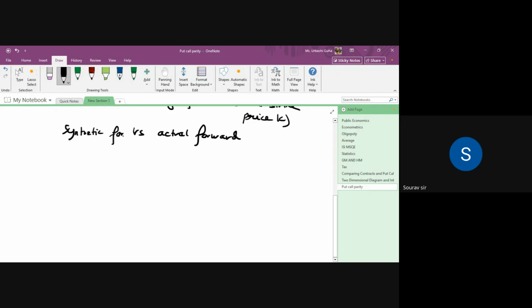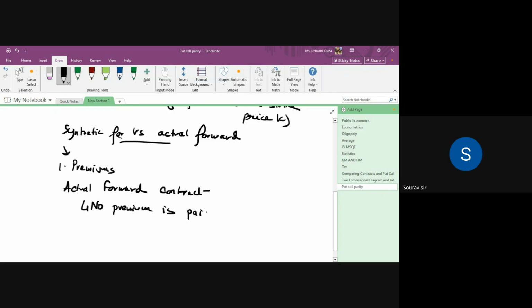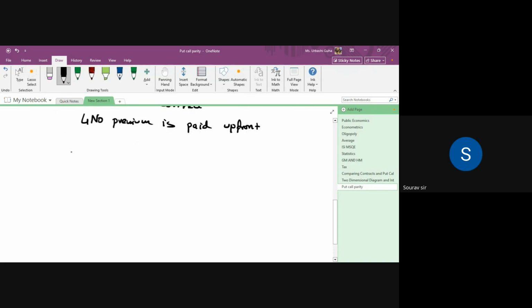That means premiums. In an actual forward contract, no premium is paid upfront. So entering a forward is costless at initiation. Now this is the actual forward.